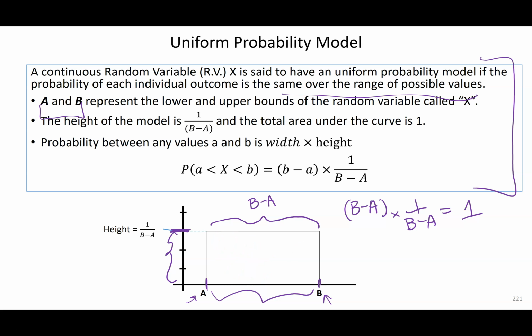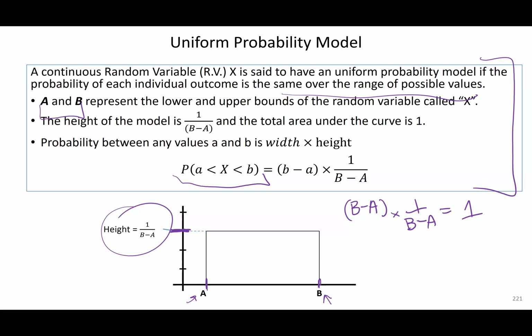The trickiest part most of the time is to find out how long it is, and that tells you what the height is going to be. Like if this was 5 long, this would have to be 1/5 tall. But then suppose I want to find a probability in between, with little a and little b, and I want to know this area.